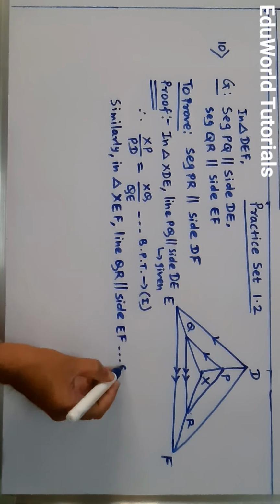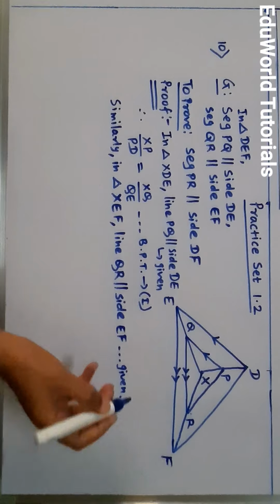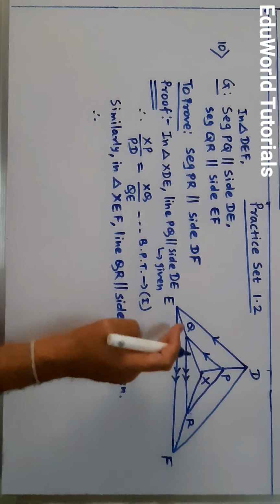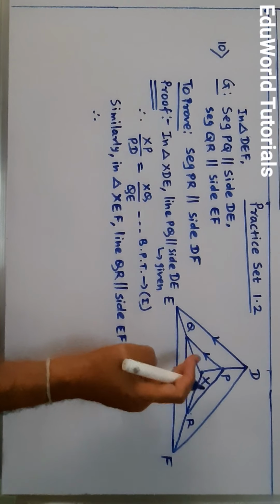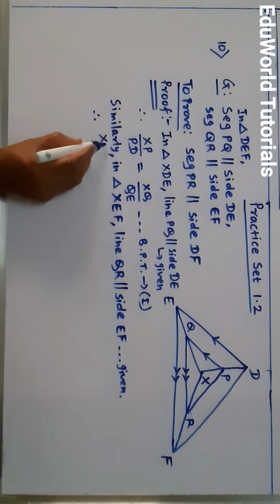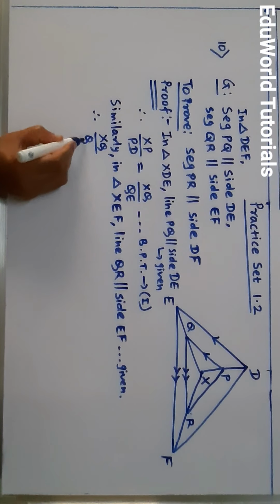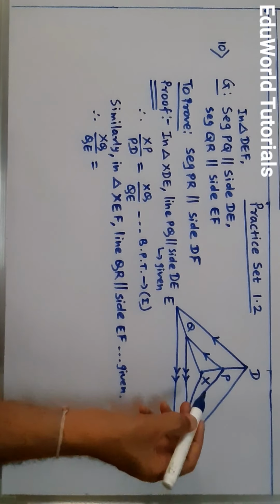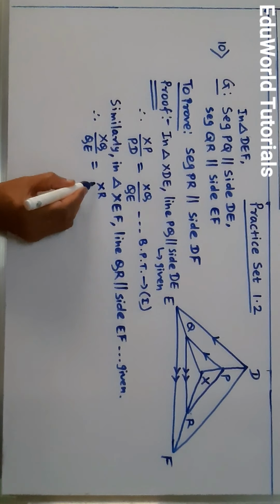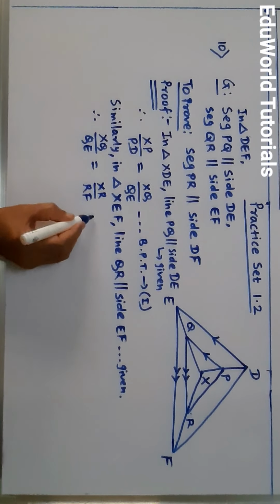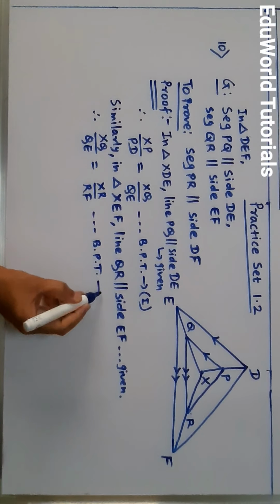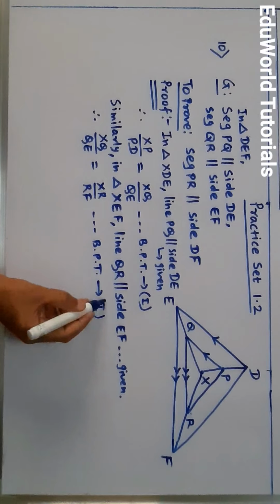Reason is given. Therefore, what will be the consequence? If you use BPT, the ratio XQ to QE will be equal to the ratio XR to RF. This is again by basic proportionality theorem, and result number 2.